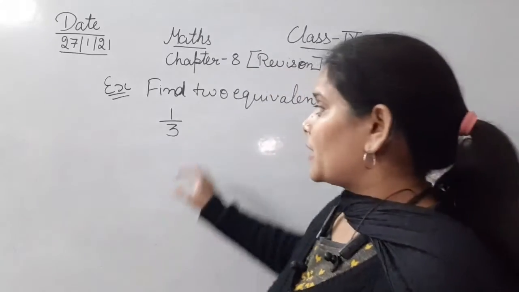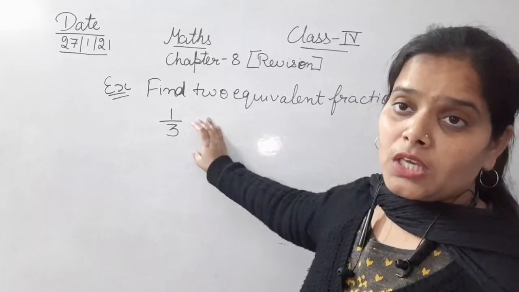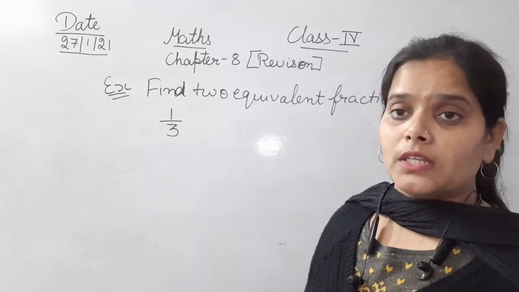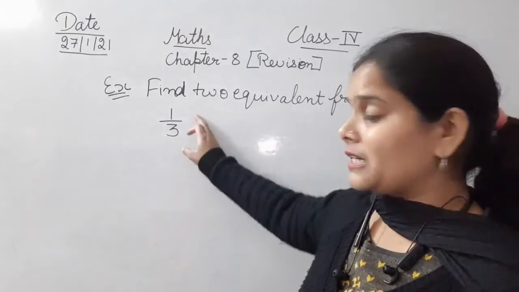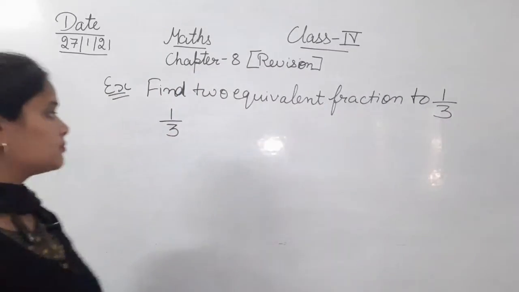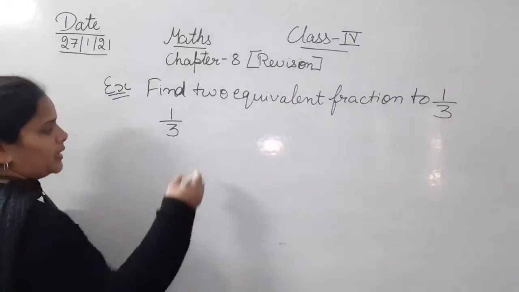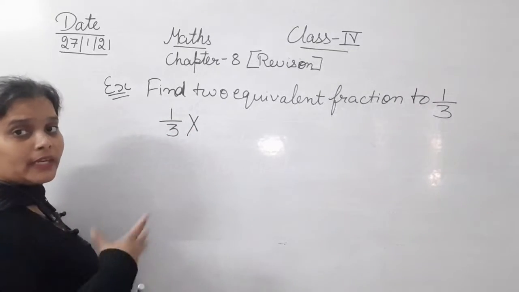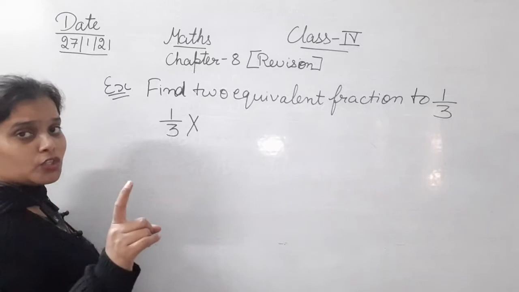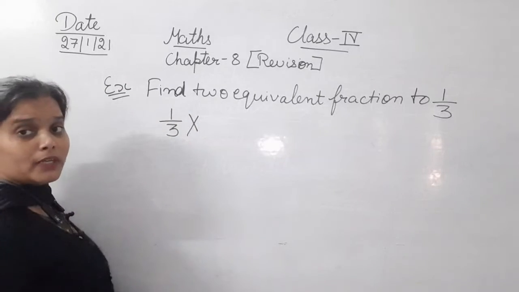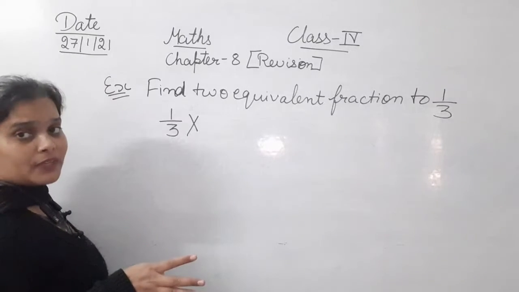So for finding the equivalent fraction to 1/3, we are going to multiply this numerator and the denominator with the same number. हम क्या करेंगे? We will multiply it. You can multiply it with any number, but just make sure that you multiply both the denominator and numerator with the same number, not with different numbers.